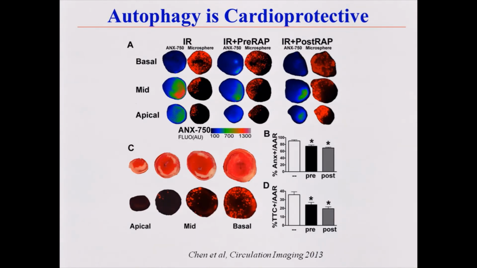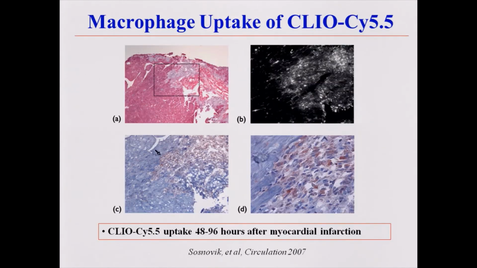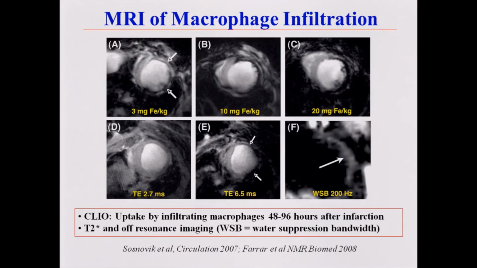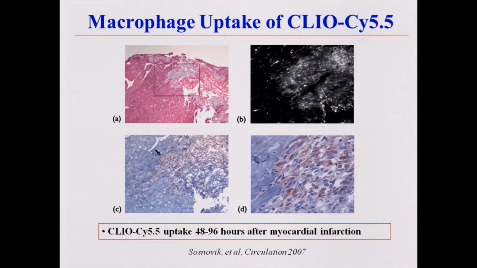So after cell death, we get inflammation, as Matthias talked about, and this can be imaged with a variety of tools. Most have been nanoparticles. This is an iron oxide nanoparticle, cross-linked iron oxide, just showing via its optical signature the uptake of this agent by macrophages.